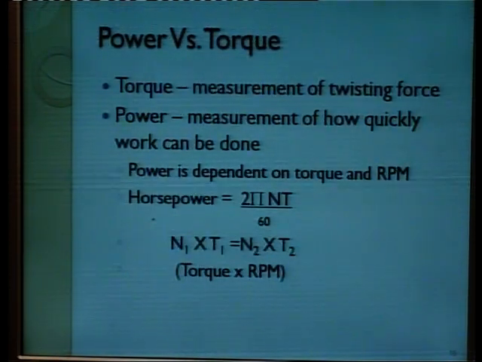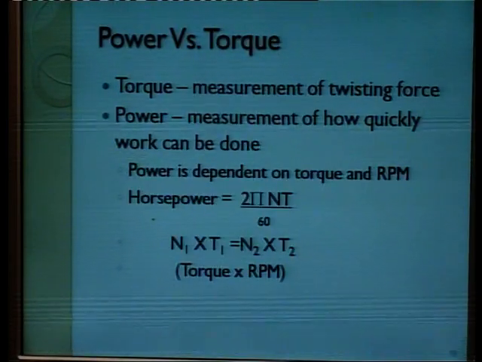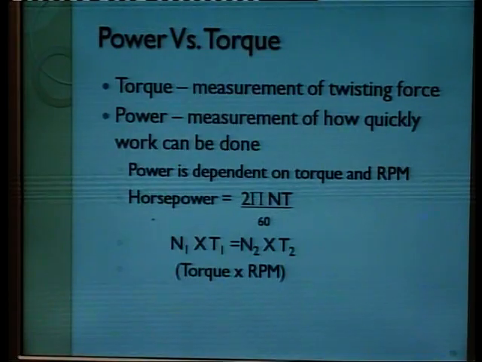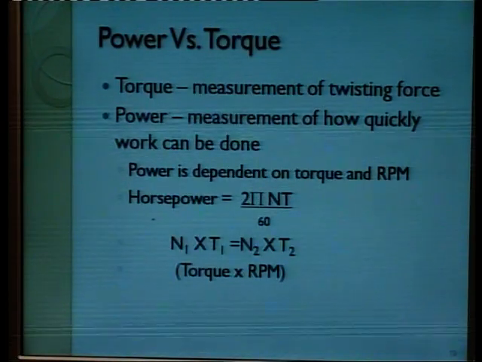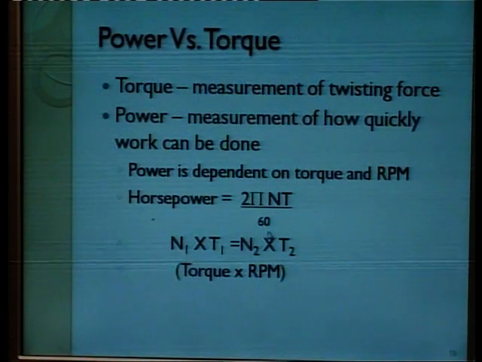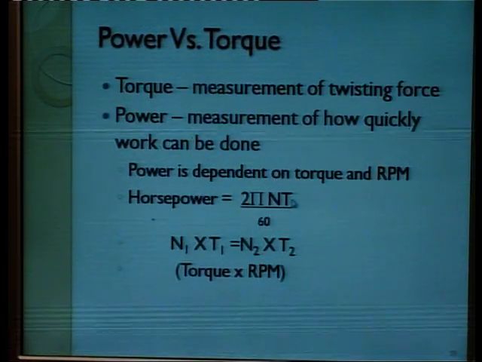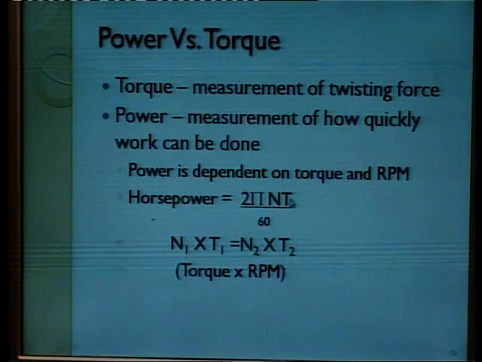And this slide tells about what the gearbox does. Power is given by the formula 2 pi N T over 60. So, power is a combination of RPM and torque.